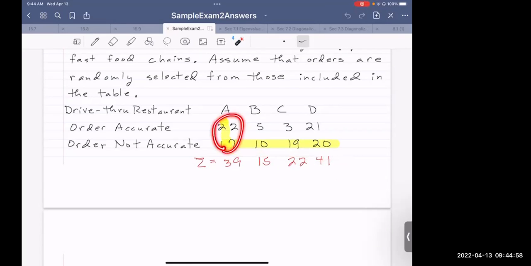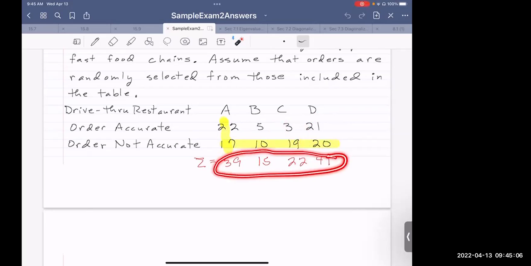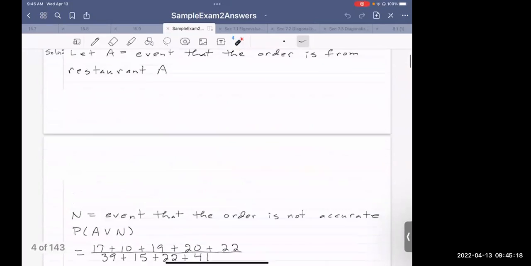So first, let's add up each column. So 39, 15, 22, 41. And then let's add all these up. So 39 plus 41, 80, plus 15, 95, plus 22, 117.